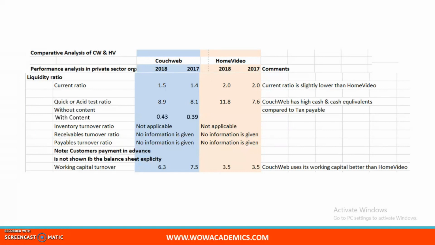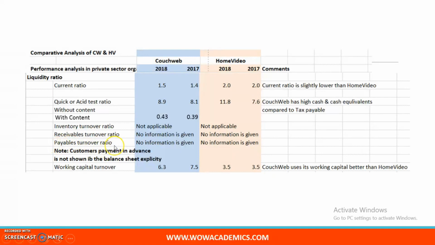The company doesn't have any debtors or receivables, because all the cash is received by the company as subscription before the start of the actual usage. So the company doesn't have any debtors as such, because they are getting all the money upfront, or every content can be viewed only after prepayment. So receivables cannot exist.